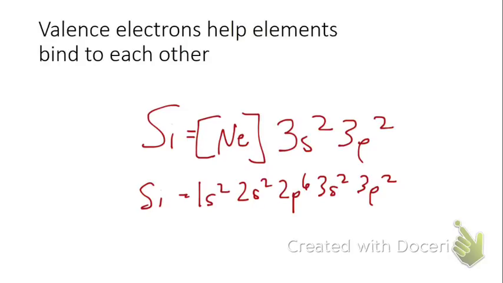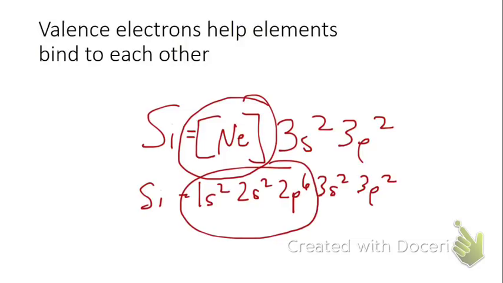The other reason why we do noble gas configuration is because it helps us determine what are the core electrons and what are the valence electrons. Core electrons are those electrons closest to the nucleus that will not participate in any bonding that silicon will go through. These are core electrons.